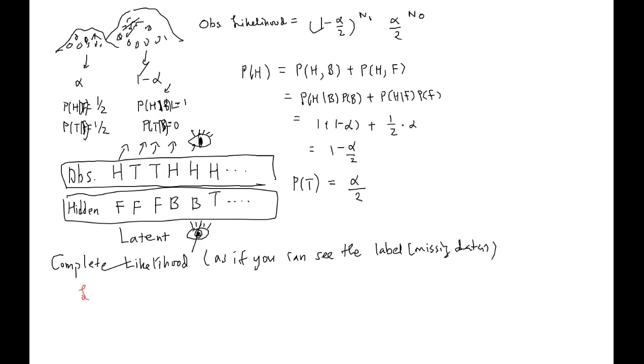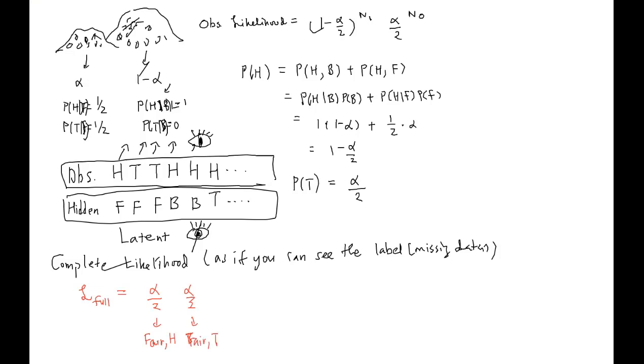This is the likelihood, the full one. You would have alpha over 2 for the fair coin hit, and alpha over 2 for the fair coin tail.